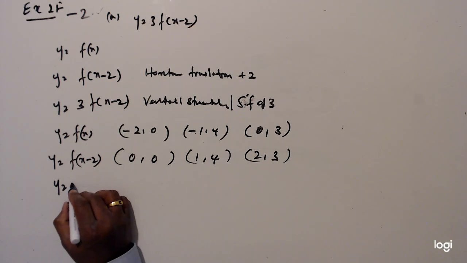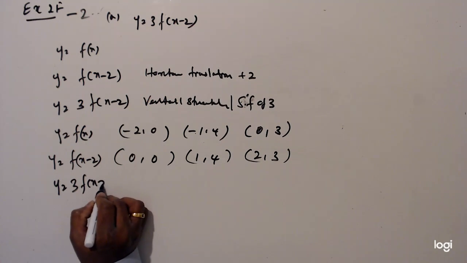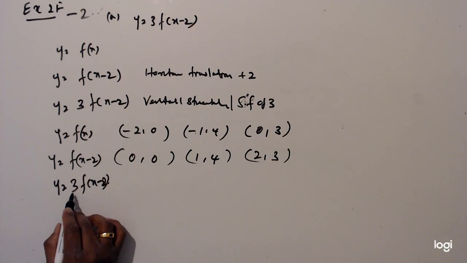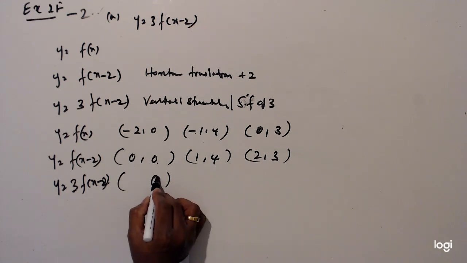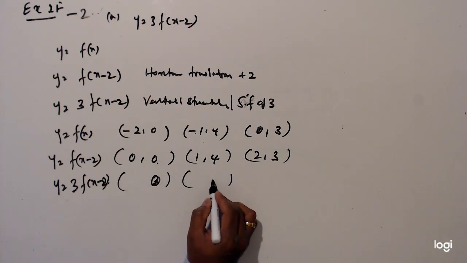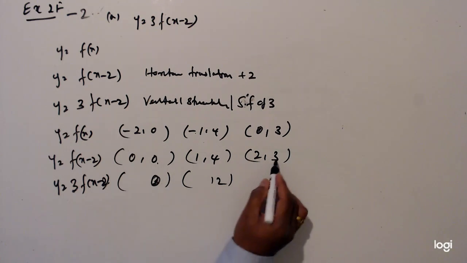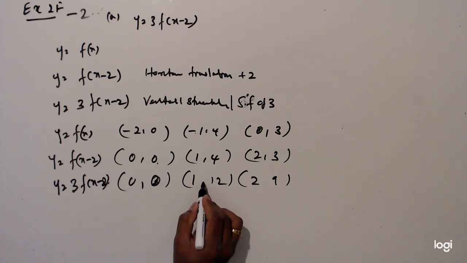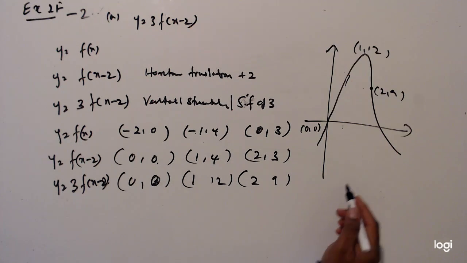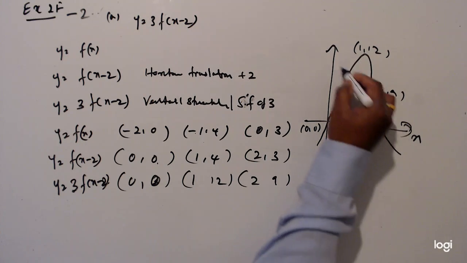Then y equals 3f(x minus 2). So the y values have to be multiplied by 3. So 0 times 3 is 0, 4 times 3 is 12, and 3 times 3 is 9. So x as it is. So we will get this kind of graph.